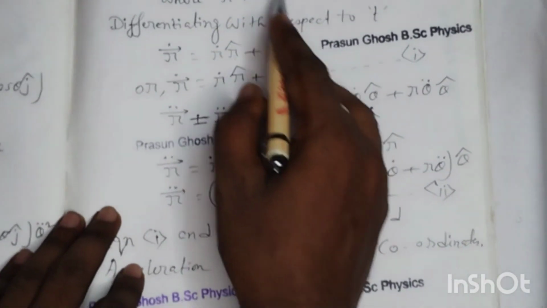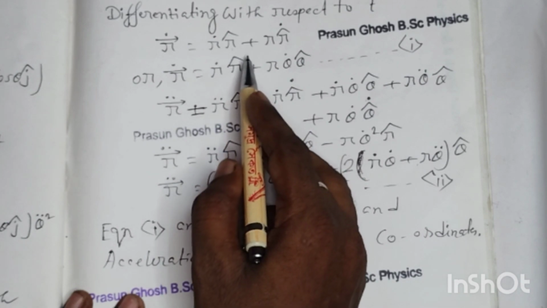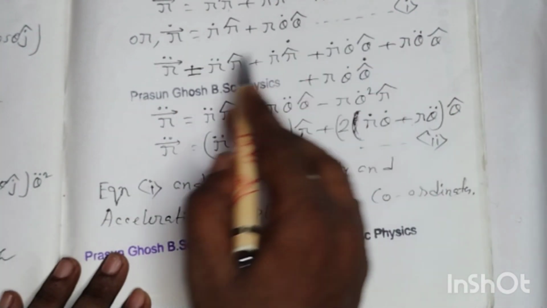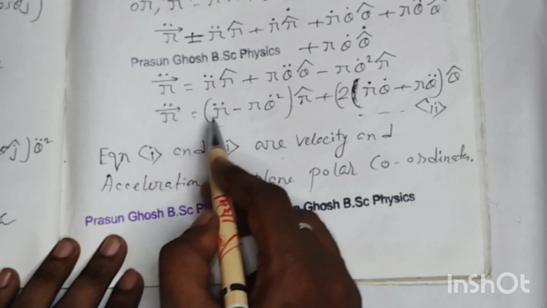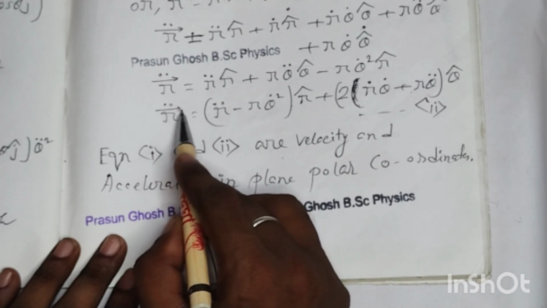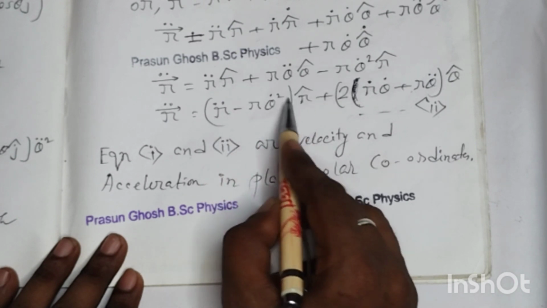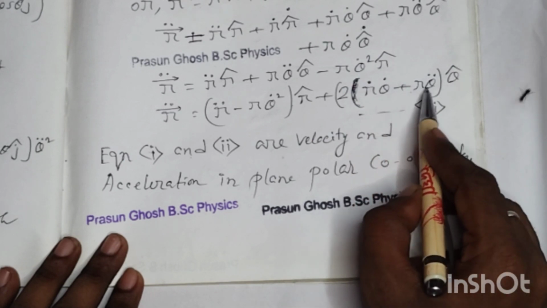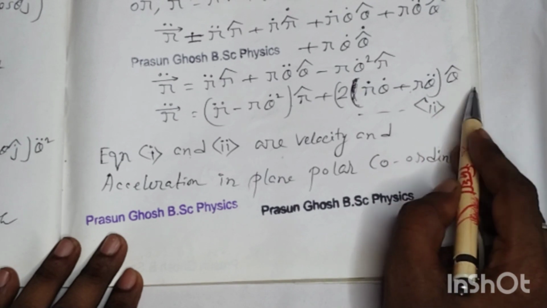Differentiating with respect to t, we get this value. Differentiating again, we get r vector double dot equal to (r double dot minus r theta dot square) r cap plus (2 r dot theta dot plus r theta double dot) theta cap.